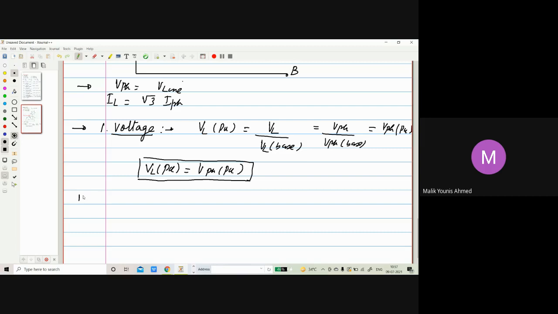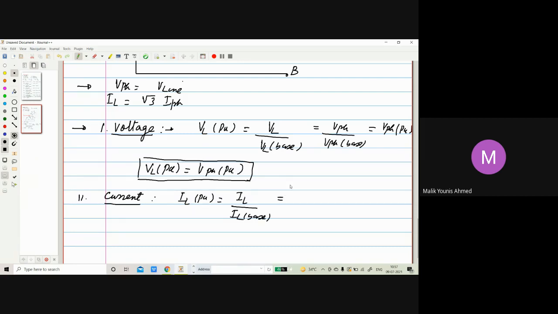Second, current. In case of current, what we have, current in per unit is what? Actual value of current, that's the line current we are talking about, divided by the base value of the line current, that is I base.